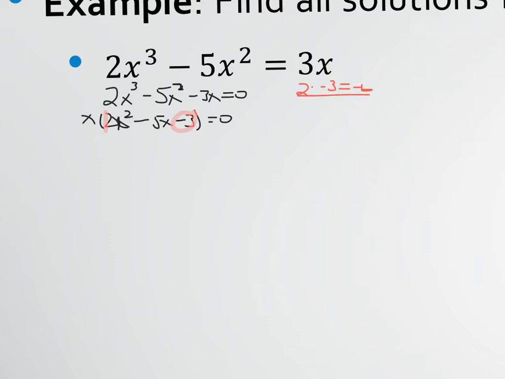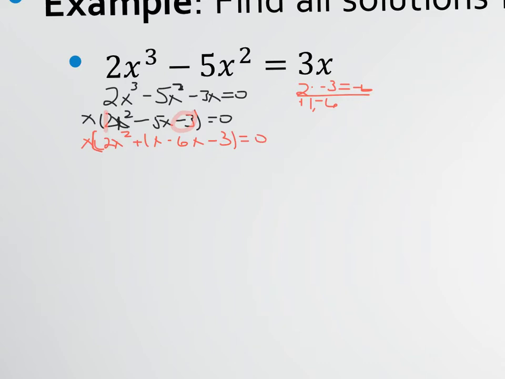And we want the signs to be different because when I redistribute, I want to have a positive times a negative. So we're going to use 1 and 6, and we want the 6 to be negative. So here we go. We have x times 2x squared plus 1x minus 6x minus 3 equals 0.